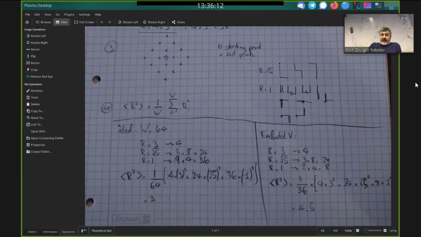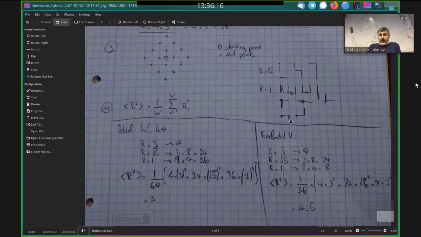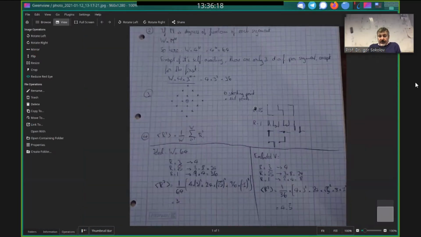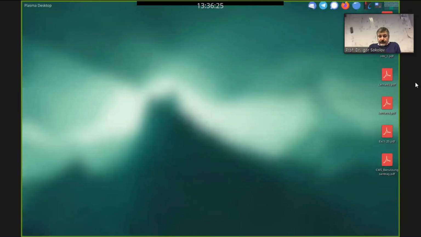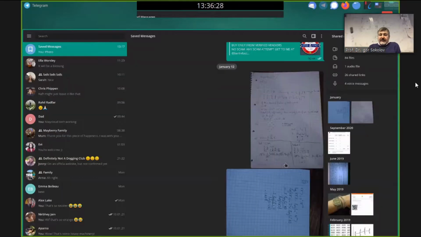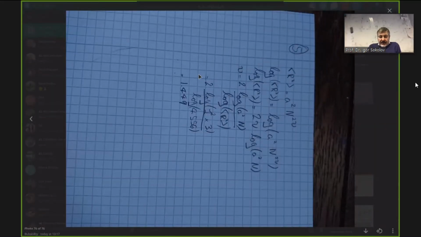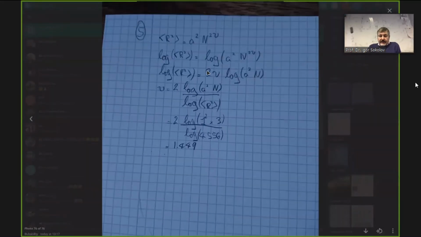Now, what happens if you try to fit r squared? Let me get the thing up. Can you still see? Can you see this? Yes. Okay. A bit too big.